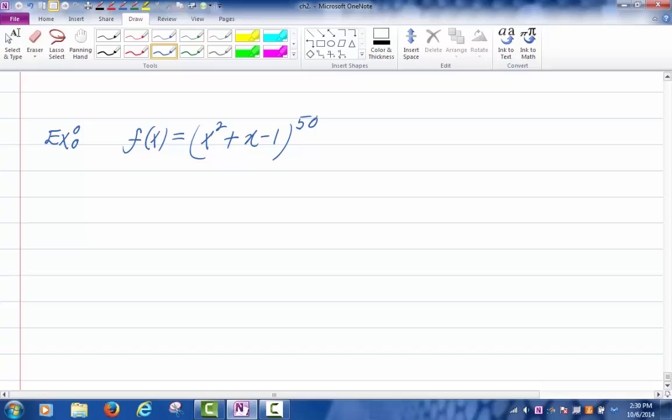Now, those of you who know the chain rule already, just forget about it for now. If I ask you to do this problem right now, how would you do it? Yeah, you just multiply x squared plus x minus 1 fifty times, and then after you multiply fifty times, you write everything in terms of powers of x.